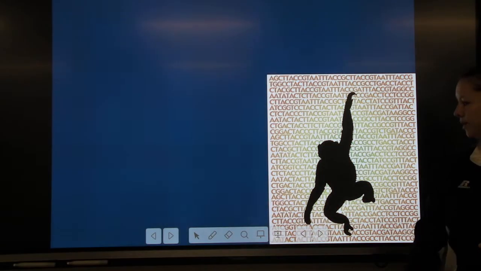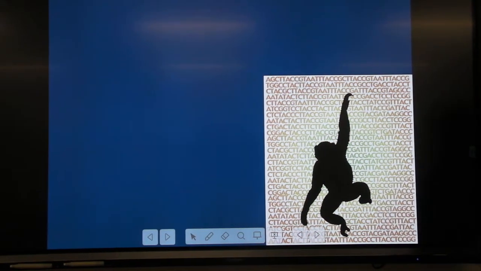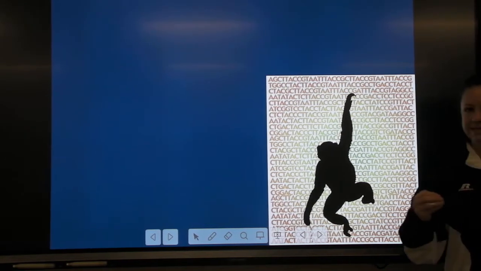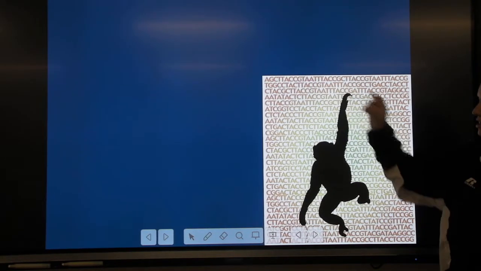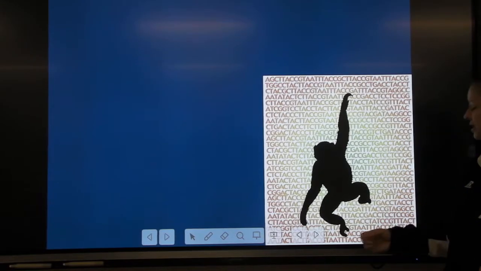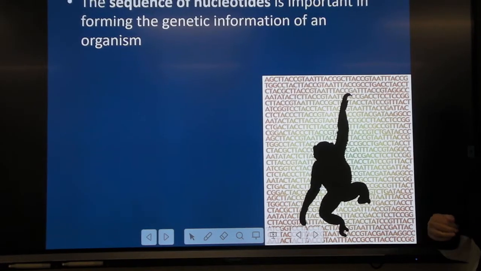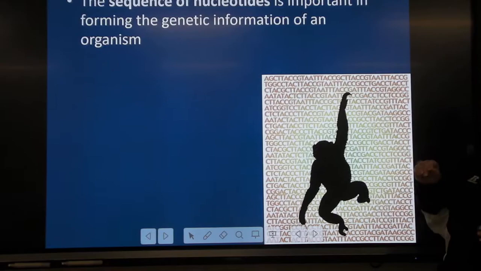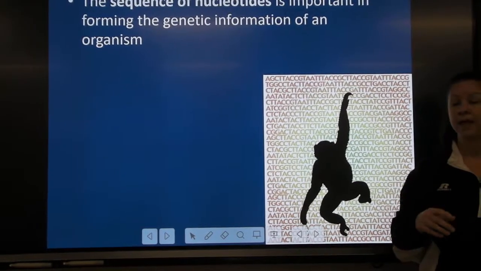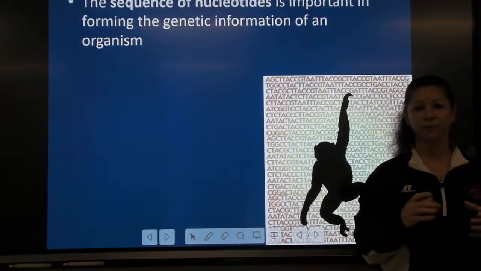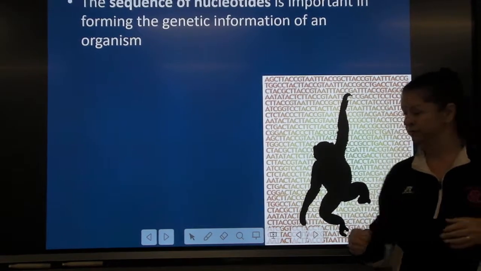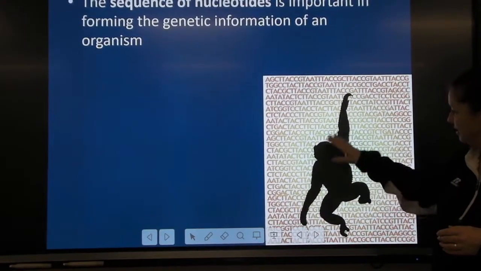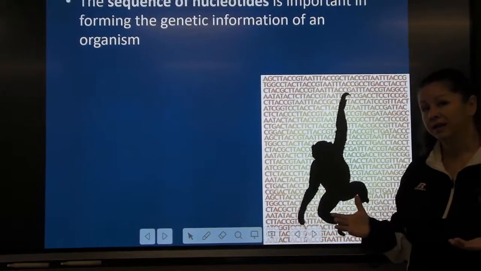Now, that nitrogen base sequence, all those letters, A, G, C, T, T, A, C, G, T, C, whatever, the sequence of those nucleotides is important in forming the genetic information of an organism. So this is a picture of a chimpanzee.